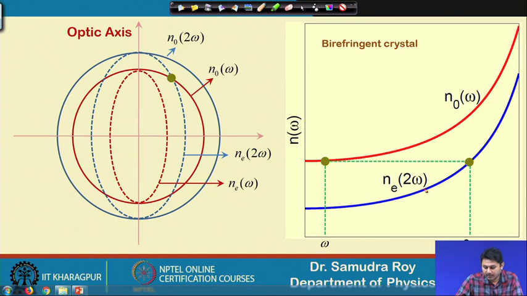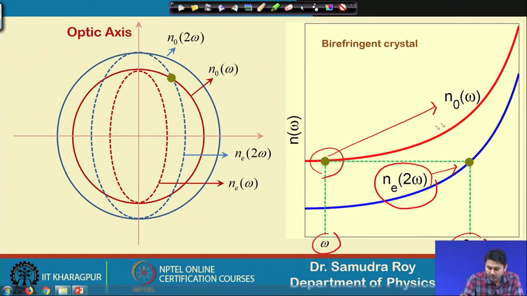Both are functions of omega, but at this point the value is this, and at this point the value is this. If I make a horizontal line, you can see that whatever value we have at the 2 omega point, at the omega point I will have the same value for the ordinary refractive index. So, the ordinary refractive index at omega frequency has the same value as the extraordinary refractive index at 2 omega frequency.